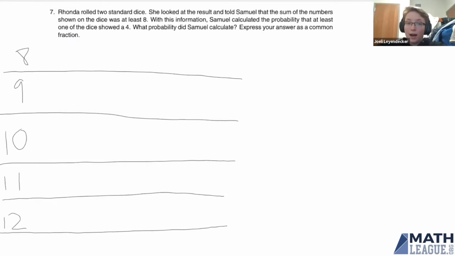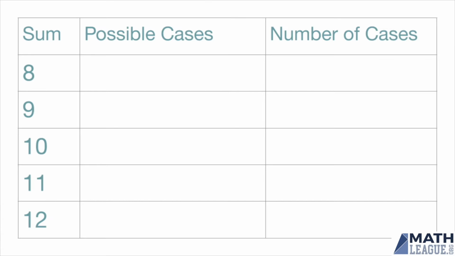So luckily, 2 standard dice don't have a ton of possible results for us to calculate, so we can go ahead and just count some stuff. So for Rhonda to roll a sum of 8, she rolled a 2 and a 6, a 3 and a 5, a 4 and a 4, a 5 and a 3, and a 6 and a 2, for a total of 5 possibilities.